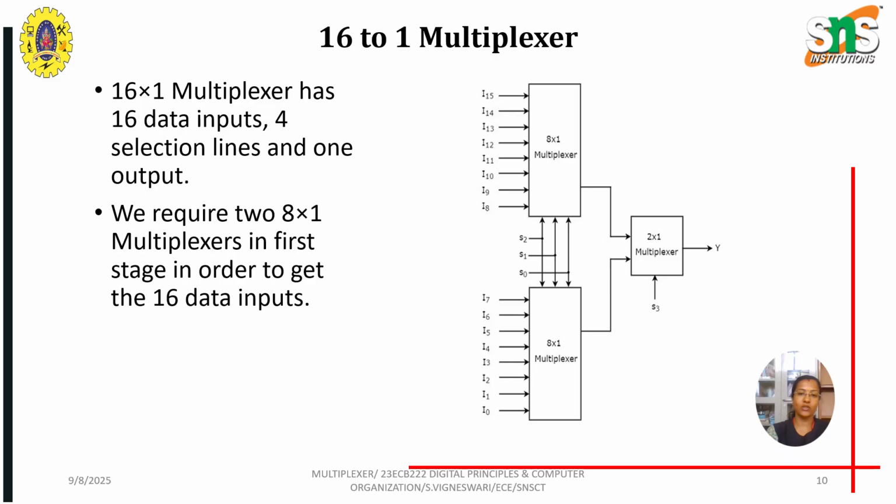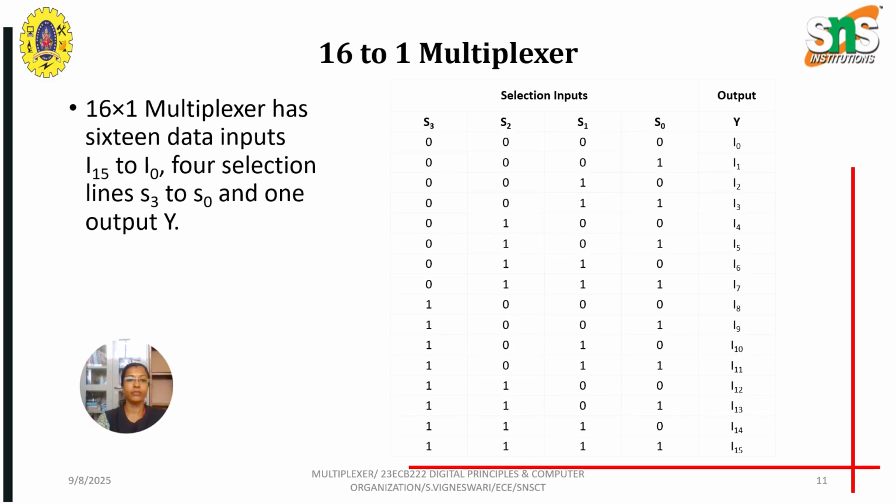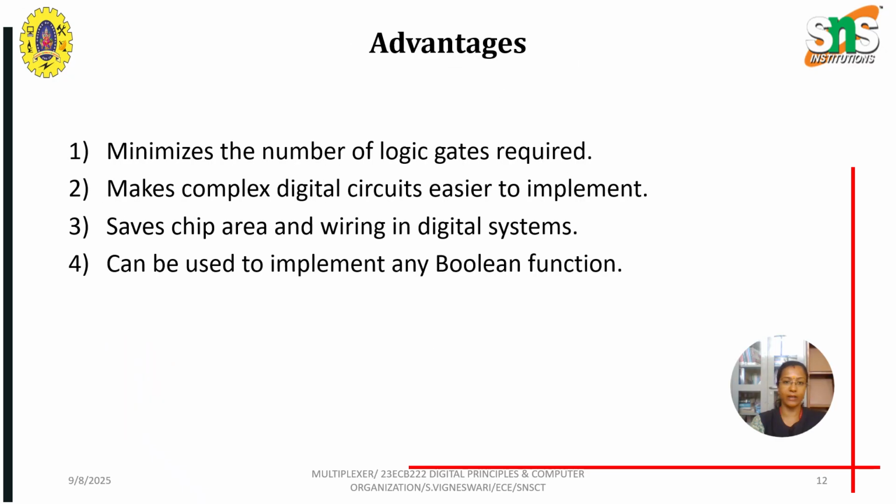Based on the selection lines, the data input from I0 to I15 is directed to the output signal Y. So the 16:1 multiplexer comprises 4 selection lines and 16 data input lines. As we say, 2 power n input lines comprise n selection lines, and based on the n selection lines, the output Y is decided accordingly.